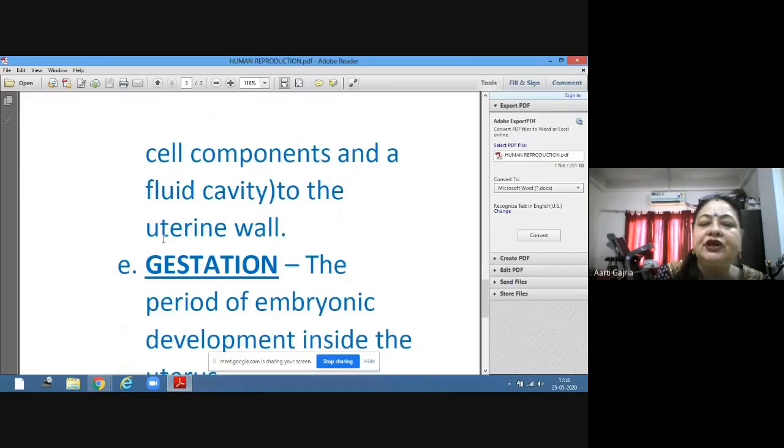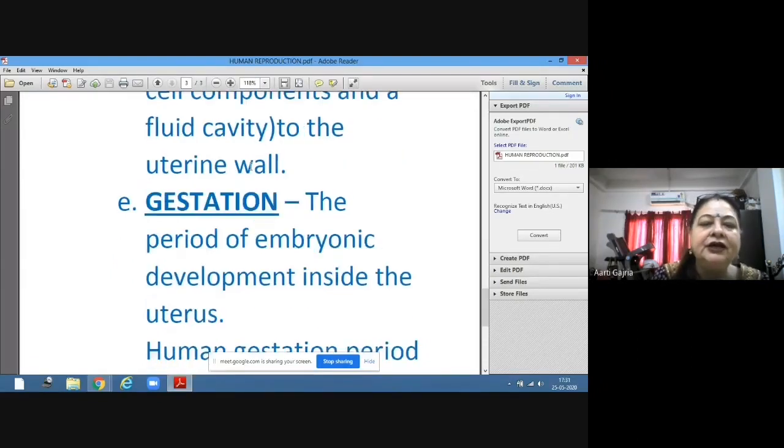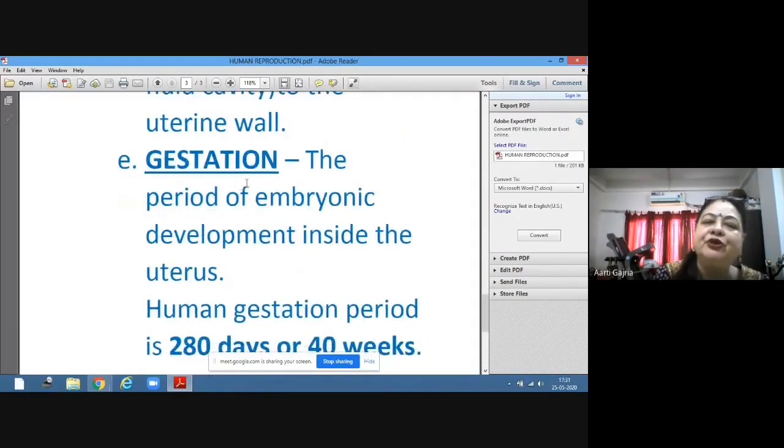This is called implantation. When the blastocyst attaches itself to the wall of the uterus, it is called implantation. And once the implantation is done, the development of the embryo starts.